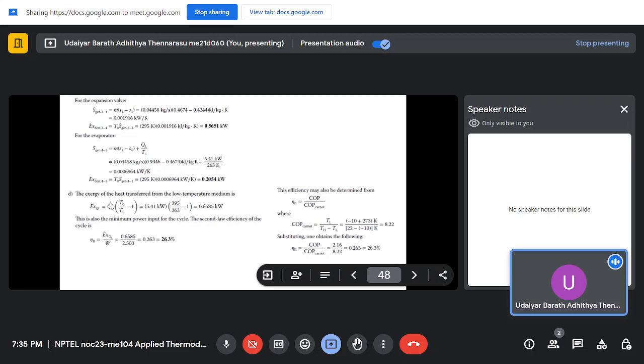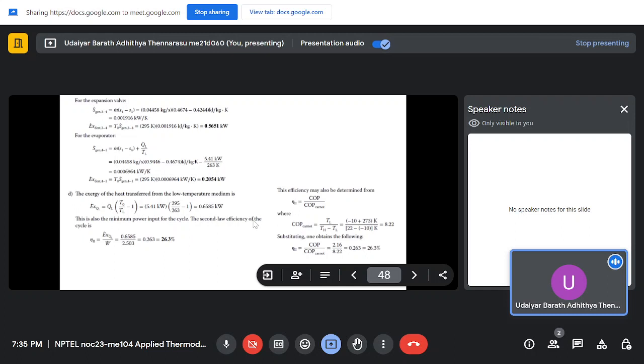So now the exergy of the heat transfer to the low temperature medium is QL into T naught by TL minus 1. This comes out to be 0.6585. So this is also the minimum power input for the cycle.